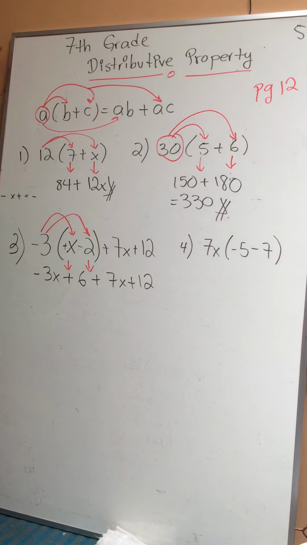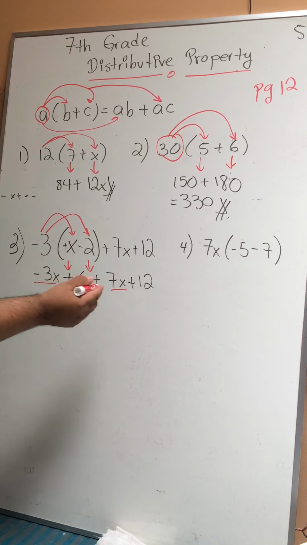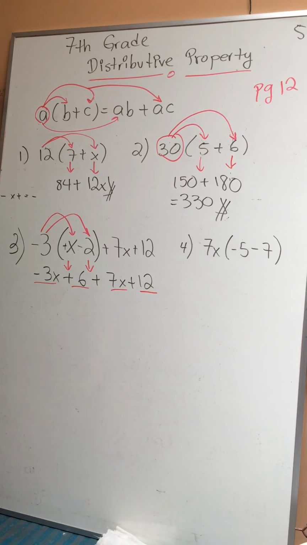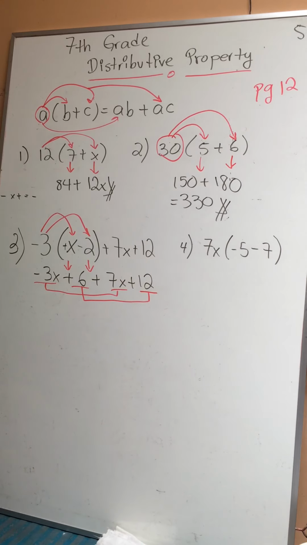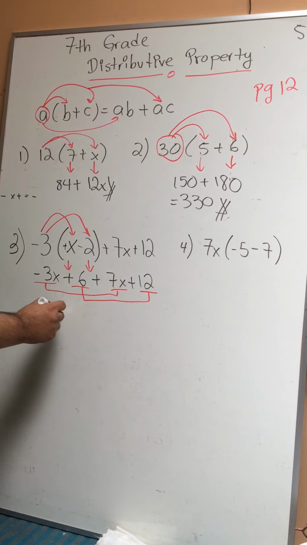Now, the ones that we can add together, we add together. This one has a variable, this one has a variable, so we can add or subtract them. And this one is a constant, a number by itself, and this one is another constant, so we can add them. So this one with this one, and this one with this one. We have minus 3x plus 7x.